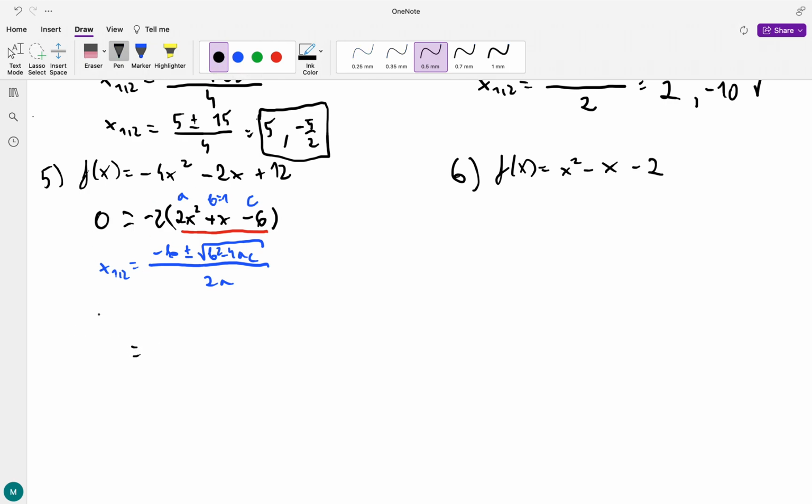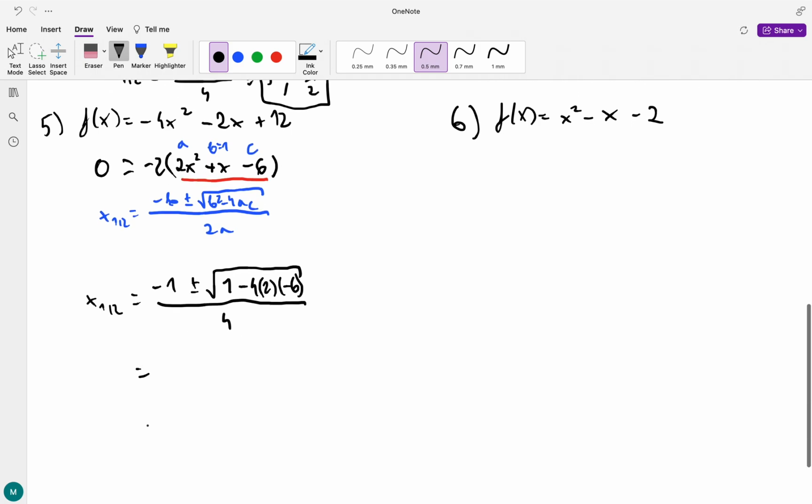So x1,2 will be -b, that's -1 plus minus big square root. b squared is still 1 minus 4 times 2 times -6. And then we have divided by 4, because 2a is 2 times 2, which is 4.